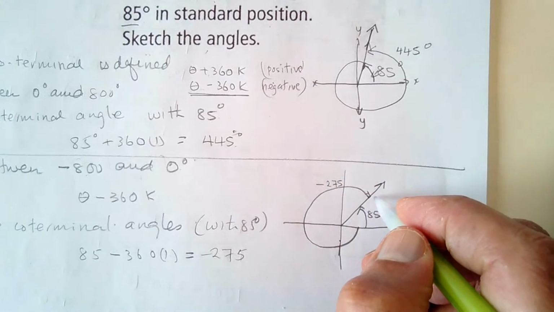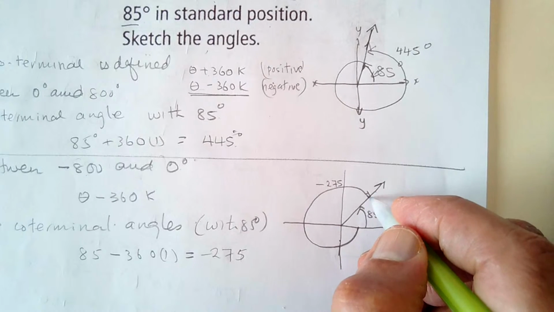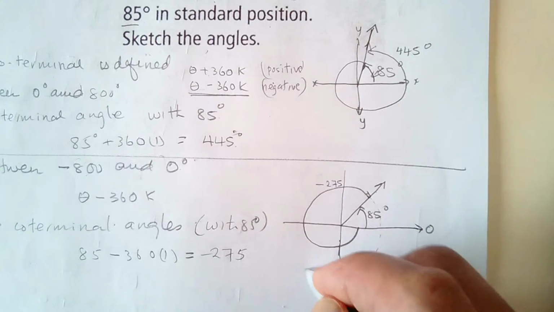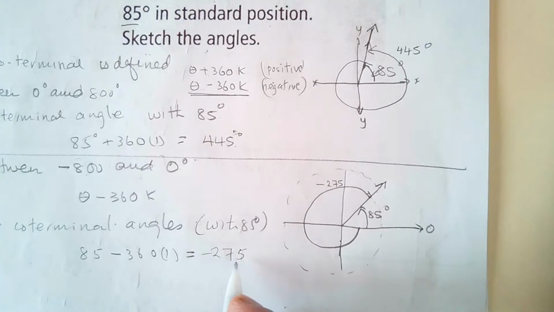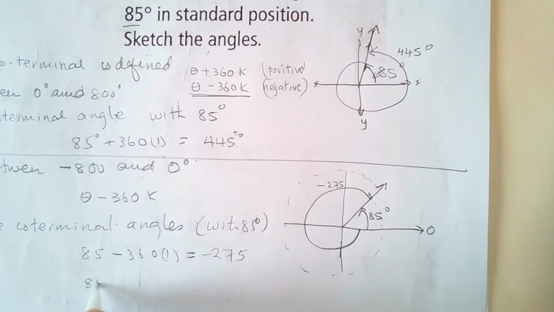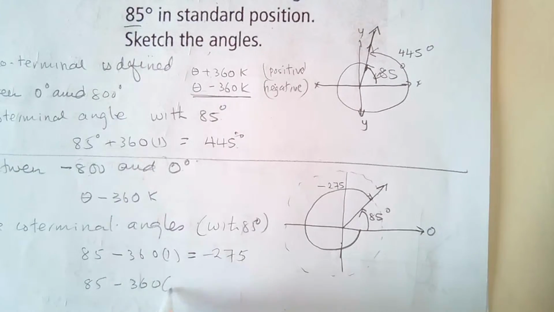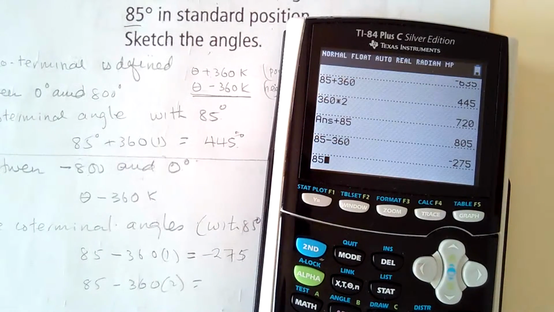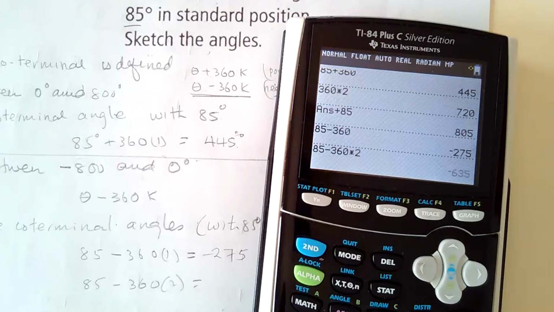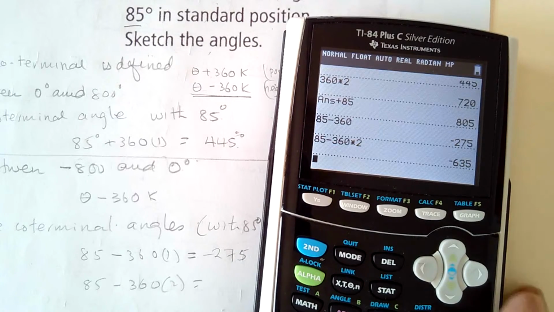Now if you continue, add 360 to it, sorry, now we subtract 360 again. So 85 minus 360 times 2 equals negative 635.